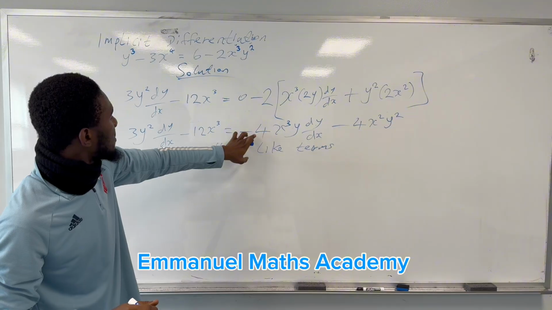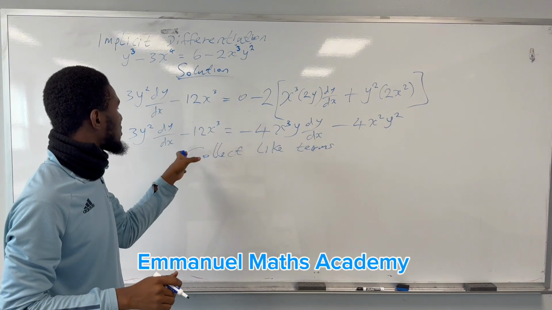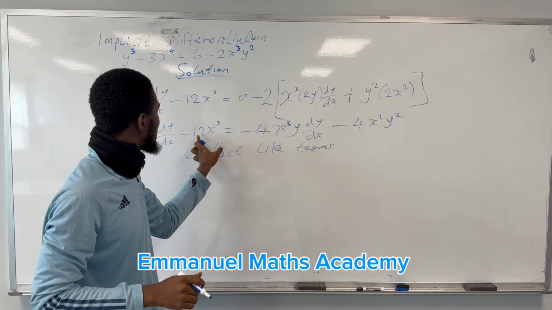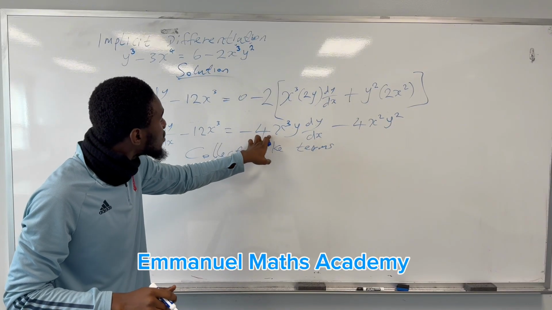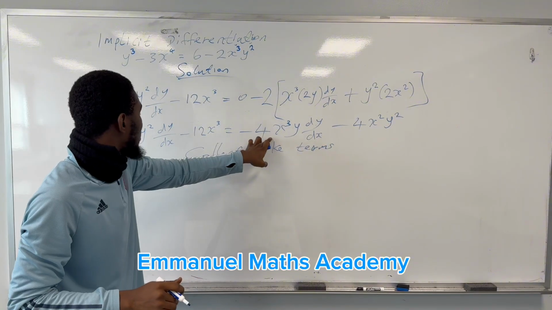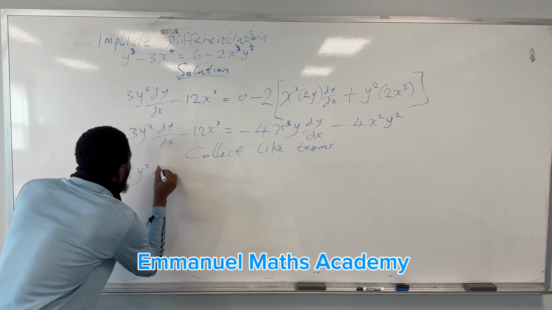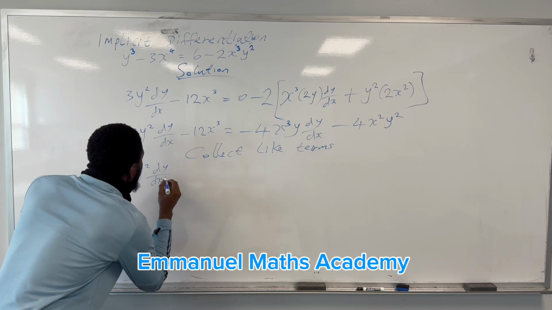When the sign of addition crosses the sign of equality, it changes to minus. The same thing with subtraction, it will change to addition. So we have 3y squared dy/dx.